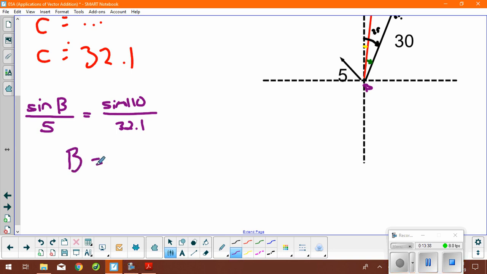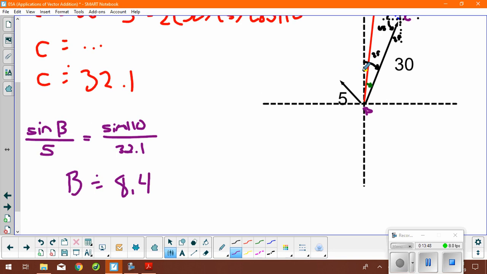So B is going to be equal to about 8.4. So my little gap angle is 8.4. So the angle I want up in here, to get that one, I would just have to start with my 25 degrees and subtract the 8.4. And so that is equal to about 16.6.